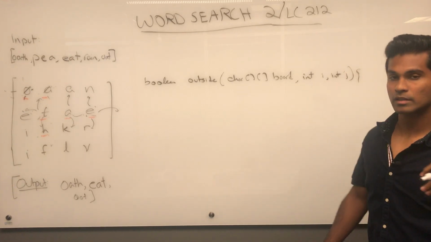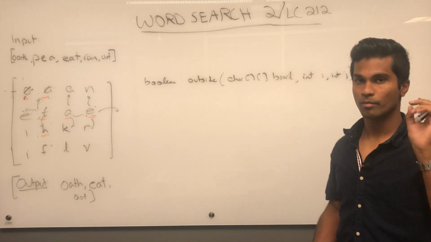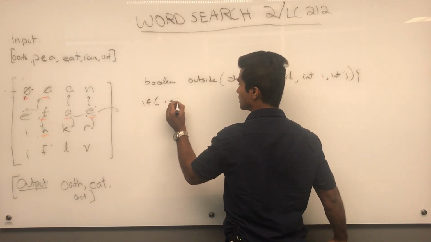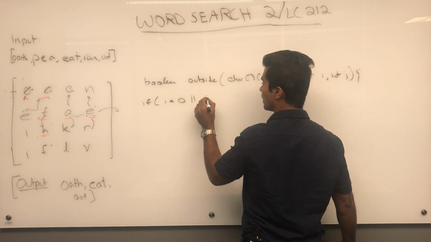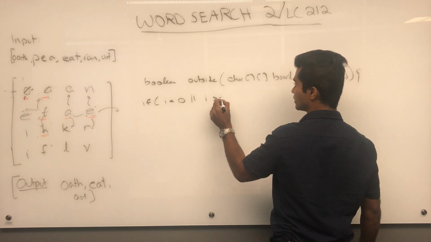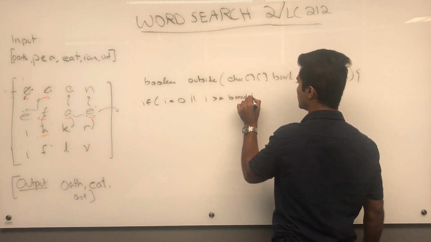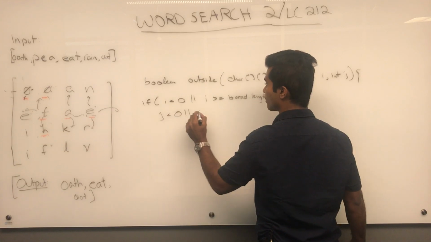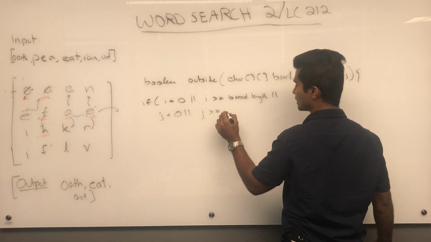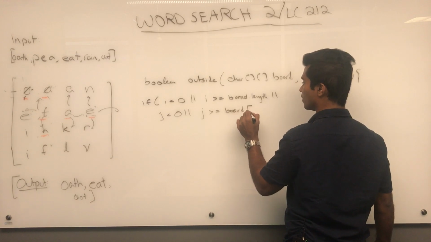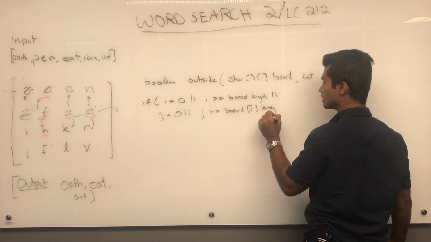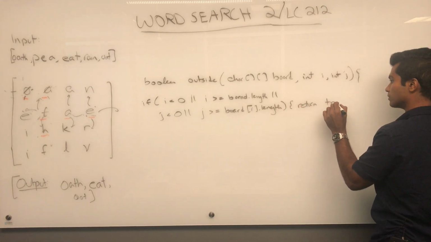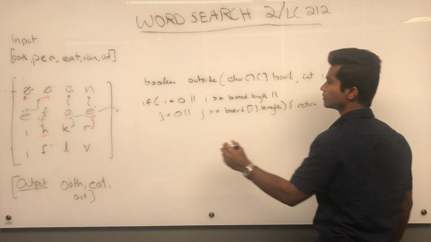What this does is it quickly allows me to know if a point is within the grid or not. If i is less than 0, or i is greater than or equal to board.length, or j is less than 0, or j is greater than or equal to board[i].length, then return true. Else return false.